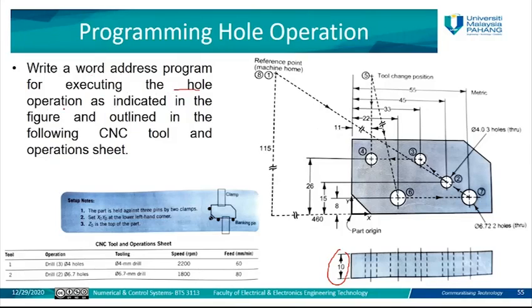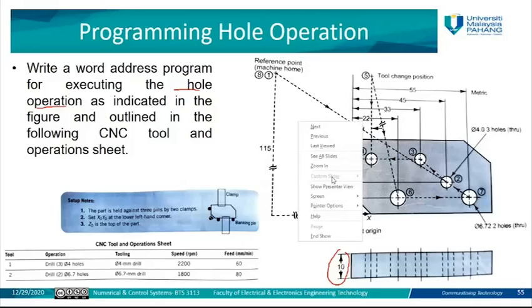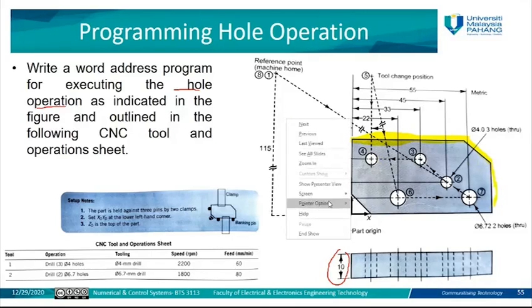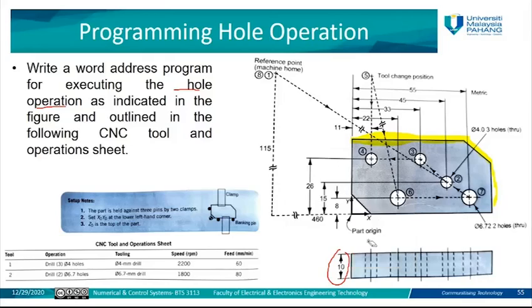The focus in this example is more on creating the holes rather than the dimensions or the milling of the workpiece itself. Previously we focused on the milling operation to cut the workpiece based on the given information, but now our focus is on creating holes on this workpiece.